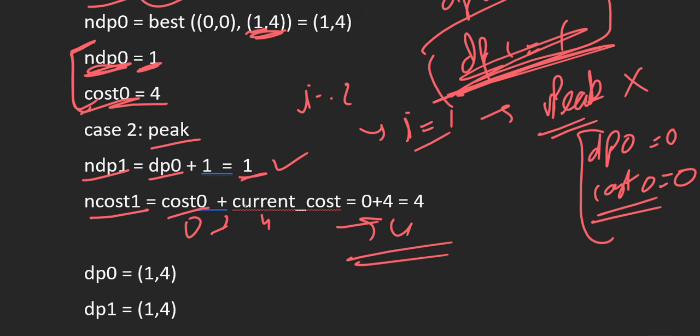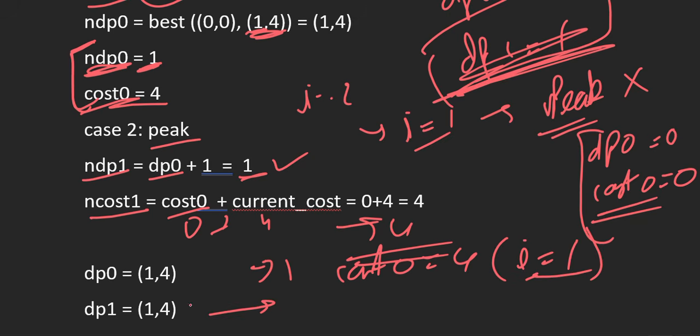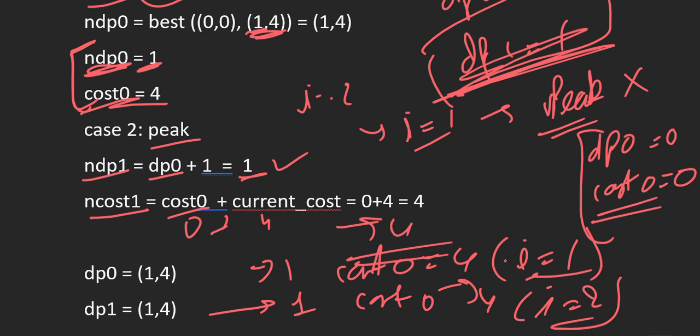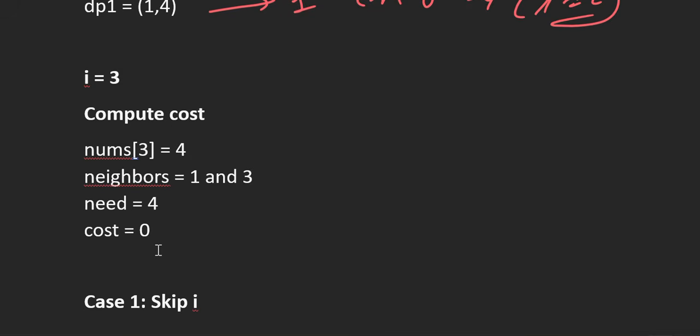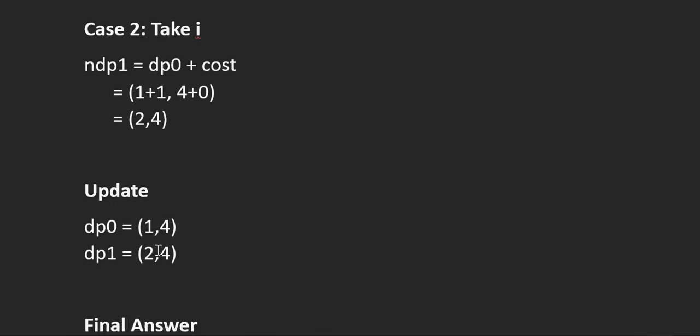So after i equal to 2, our dp0 will become 1 and cost 0 becomes 4. That means this is for i equal to 1 as the peak, and here dp1 is 1 and cost 1 is 4. This is telling that i equal to 2 is a peak. This way we will compute for i equal to 3 and so on up to the last index, right?